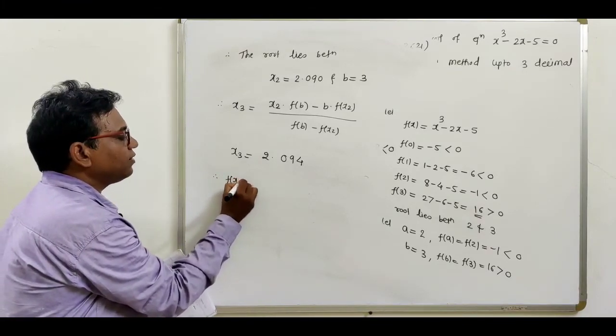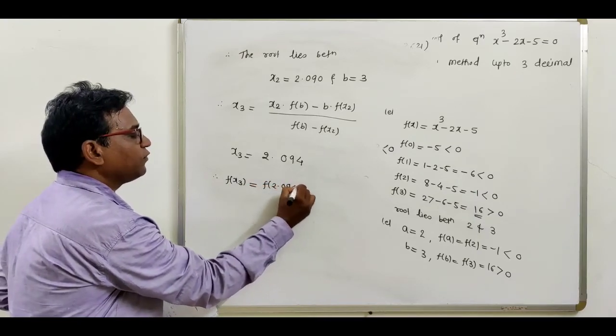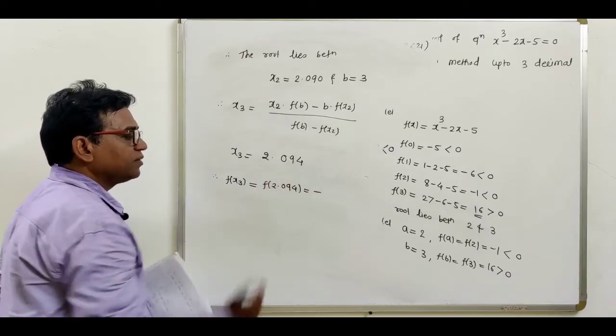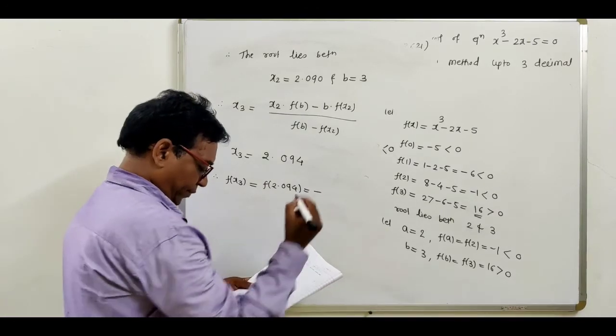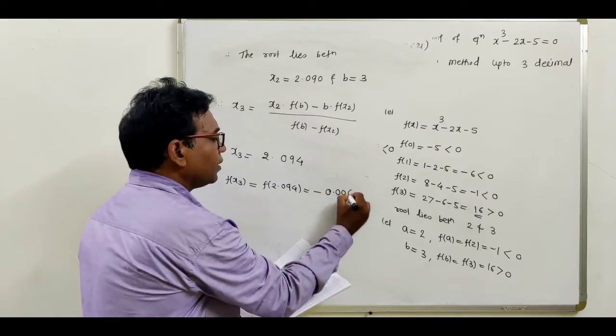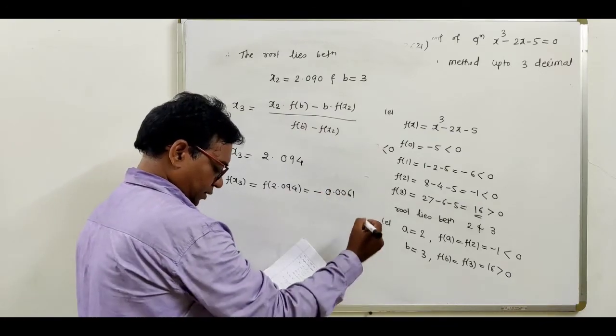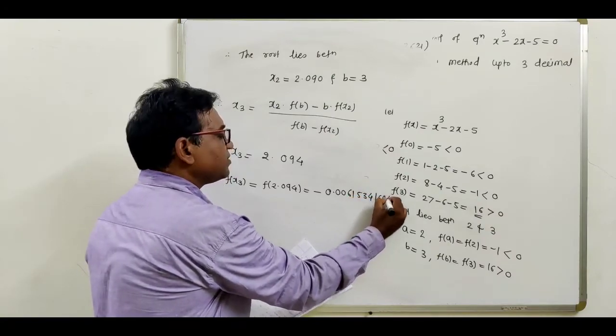Again find out the functional value f of x3. F of 2.094 is again the negative functional value, minus 0.0006345341604.